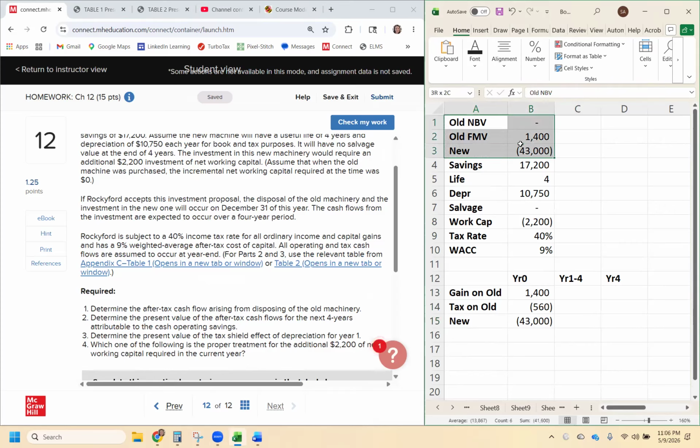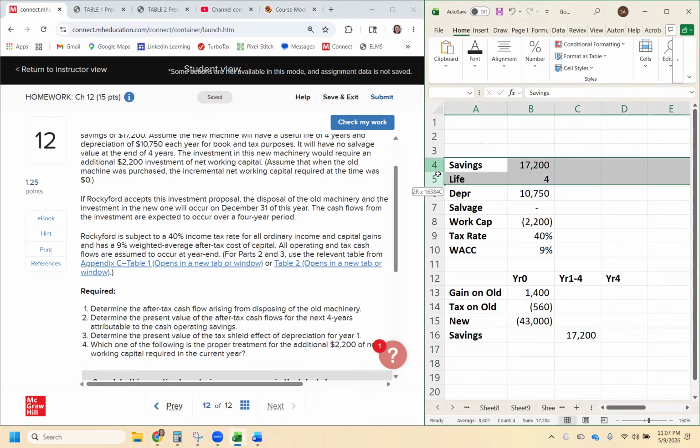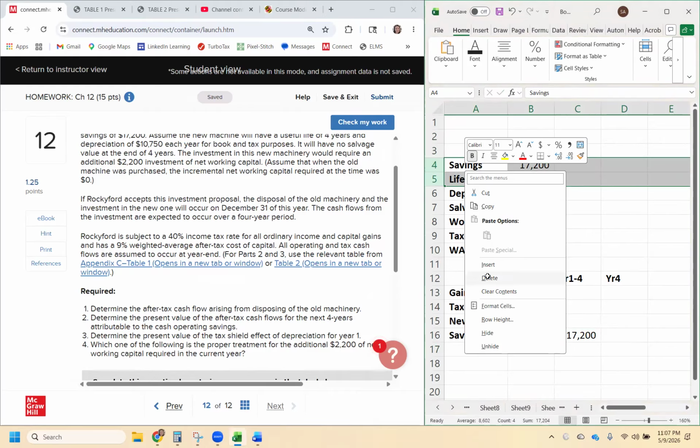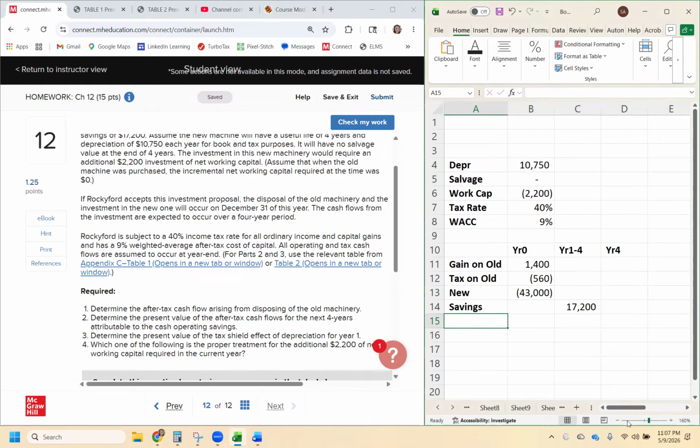Okay, new machinery. So we've got all these. Every year we'll save 17,200. We got the life of 4 years. That's fine. Okay, the depreciation tax benefit every year will be equal to 10,750 times 40%.